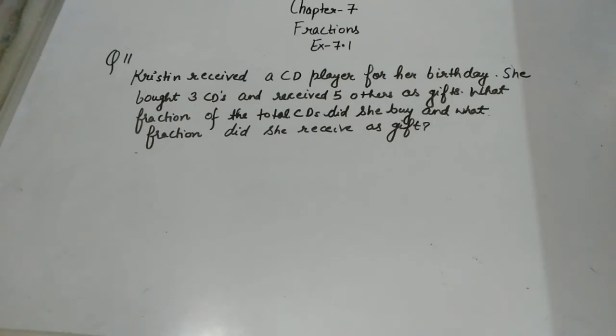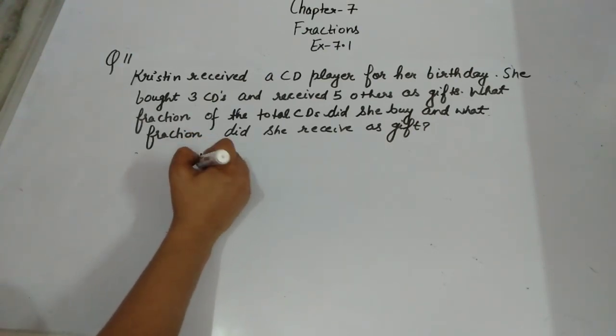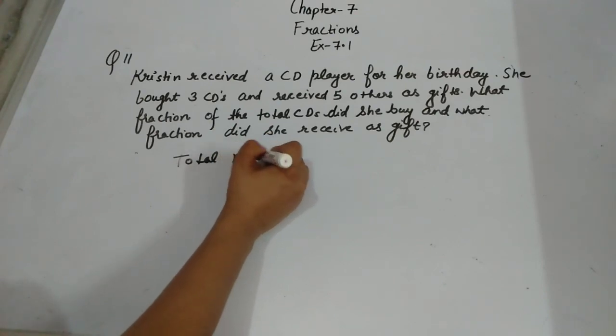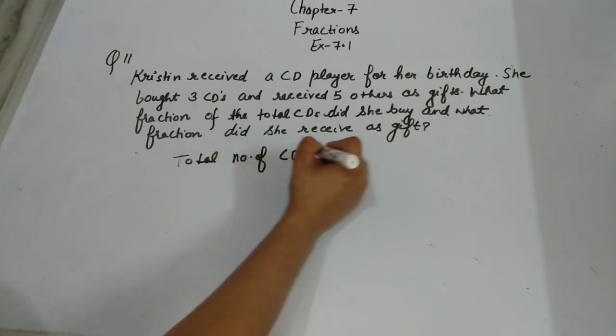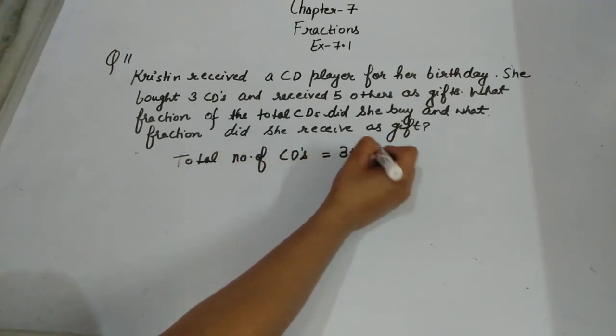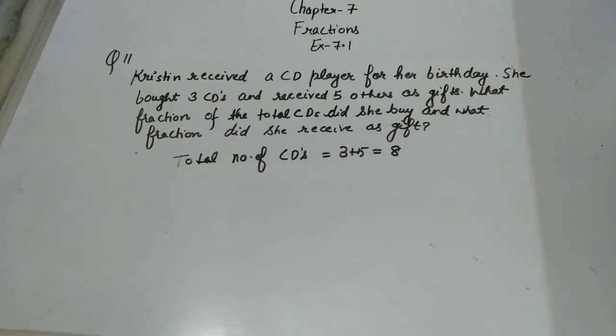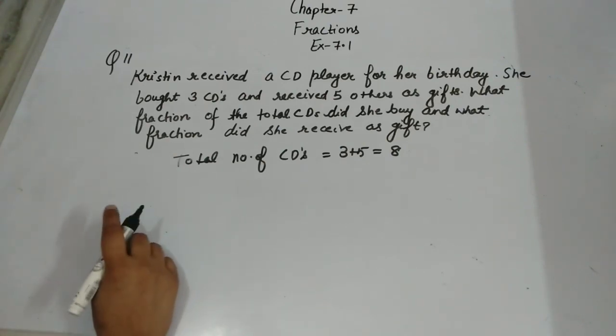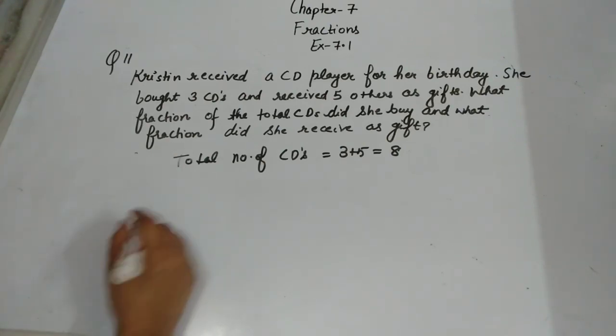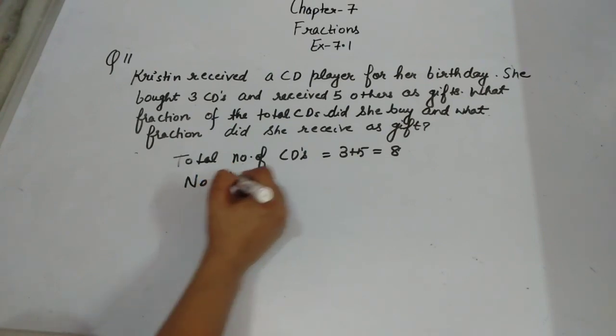So total CDs: 3 CDs plus 5 CDs is equal to 8 CDs. So the total number of CDs is 3 plus 5, which is 8, because she bought 3 CDs and received 5 as gifts.